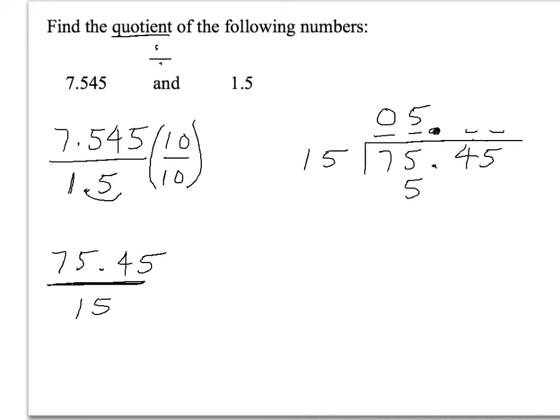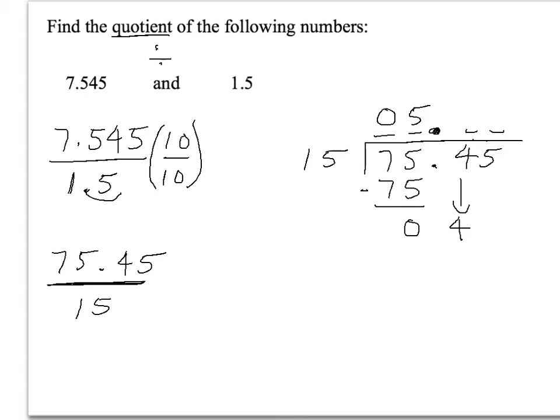I got to remember to carry the 2. 5 times 1 is 5, plus those 2, that's 75. Don't forget to carry when you have to. All right. Now we subtract this off. 75 minus 75 is 0. The remainder is smaller than a divisor. So that's good. Bring down the 4 and start over.